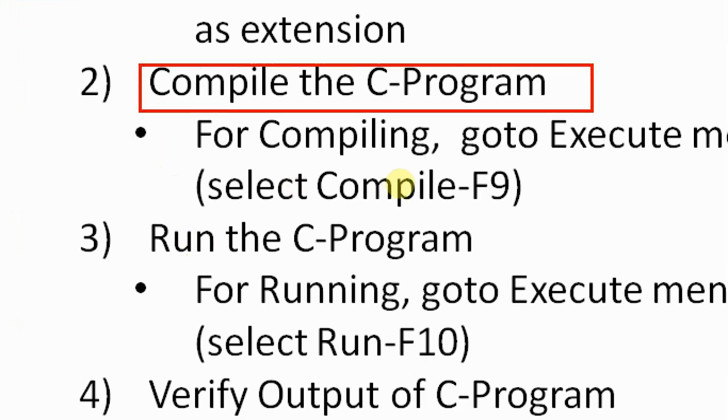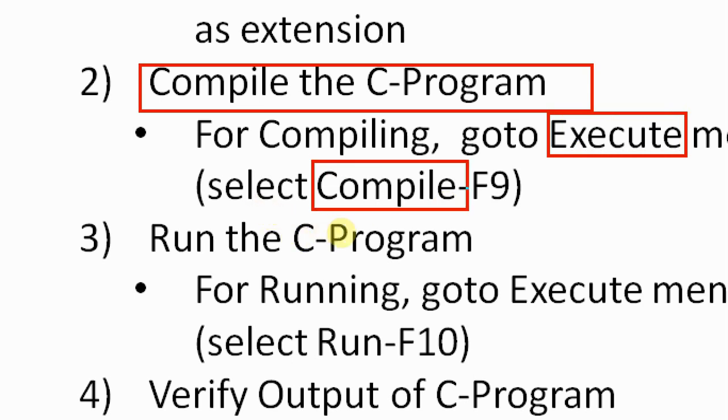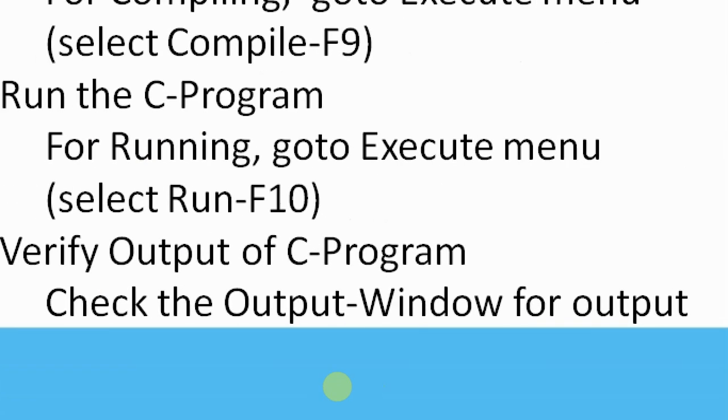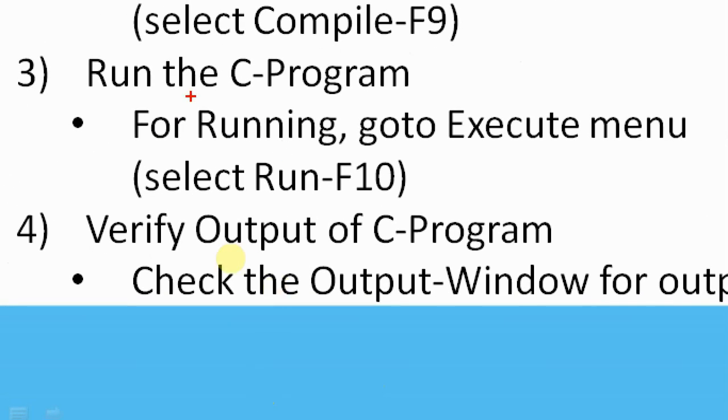Next, step 2, we have to compile the program. For compiling we go to the Execute menu and select the compile option, and the shortcut for compiling is F9. Next, step 3, running the C program.